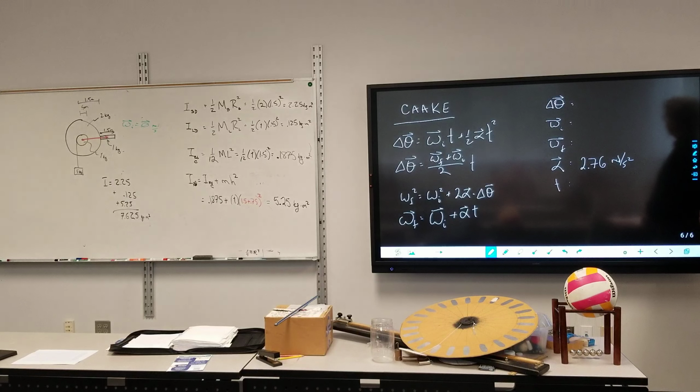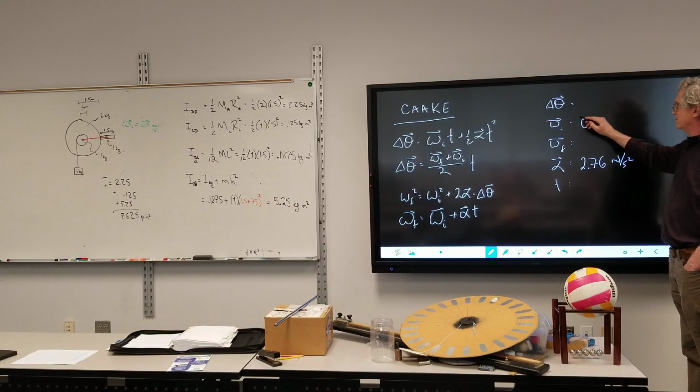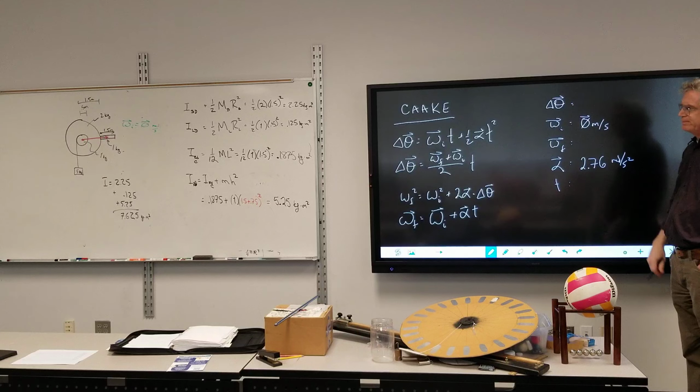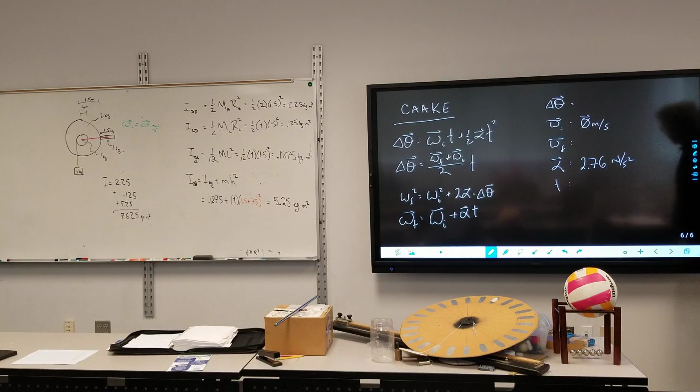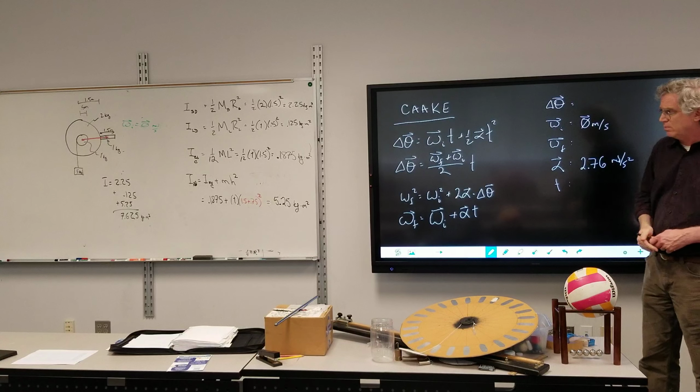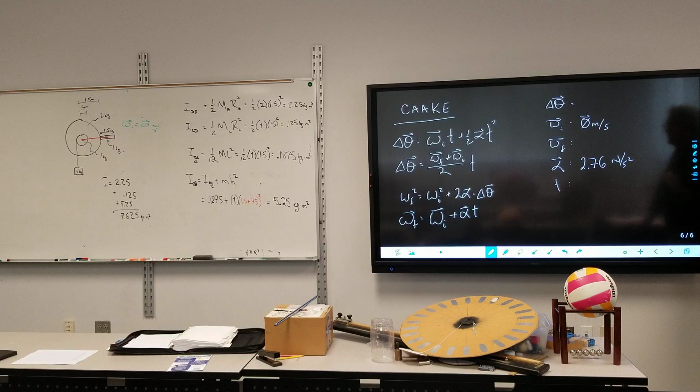And we know one other thing: initial omega is 0. In rotational terms, it's a one-dimensional problem. It's into the board or out of the board. Alpha right here is establishing, since the torque is rolling around like that, out of the board as the positive direction. So I don't really have to have the vector symbol there.